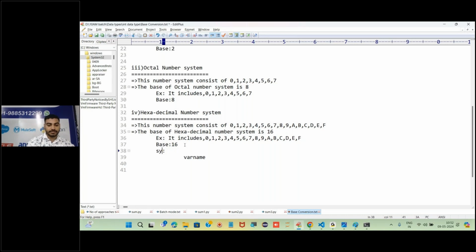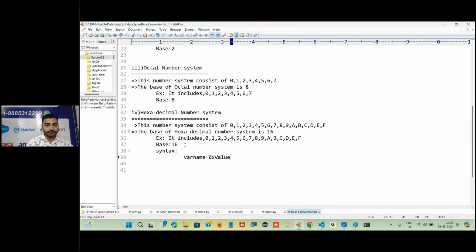Syntax is variable name is equal to 0x, and here I will write the value. Got it? What value? Decimal value.